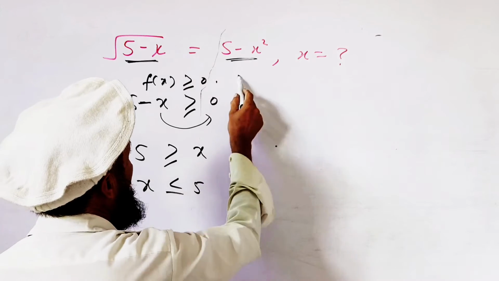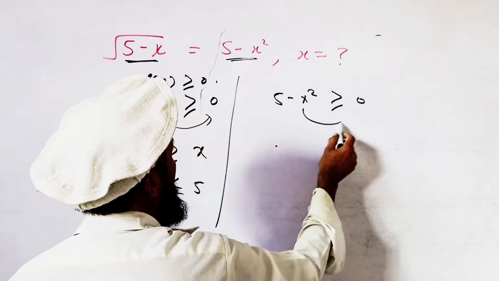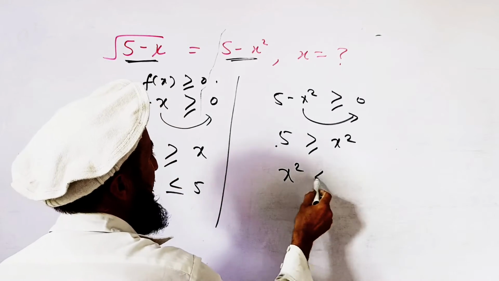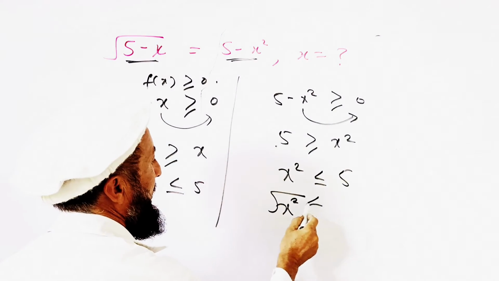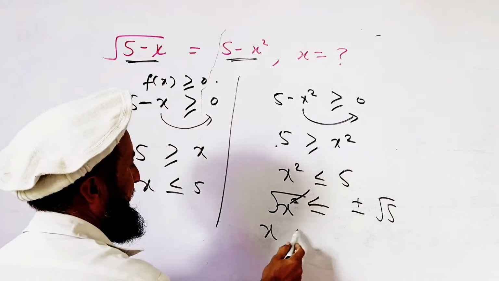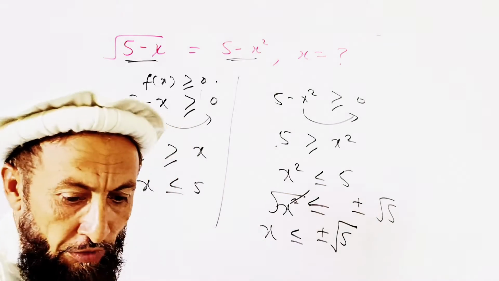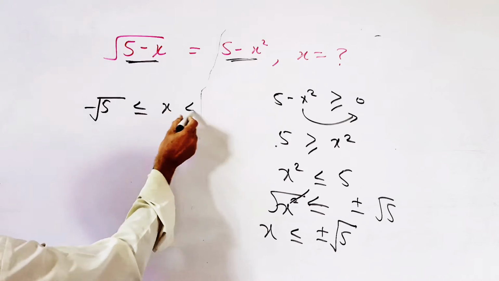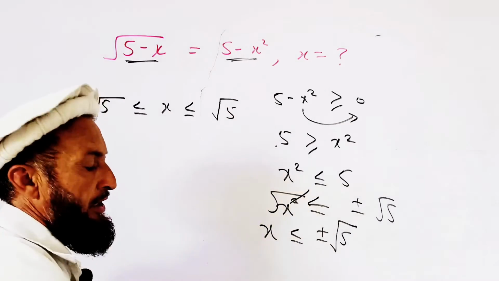Similarly, for the right side, 5 minus x square is greater than or equal to 0. Transferring, 5 is greater than or equal to x square. Taking the square root on both sides, x is less than or equal to plus minus root 5. So minus root 5 is less than or equal to x less than or equal to root 5, one negative and the other positive.